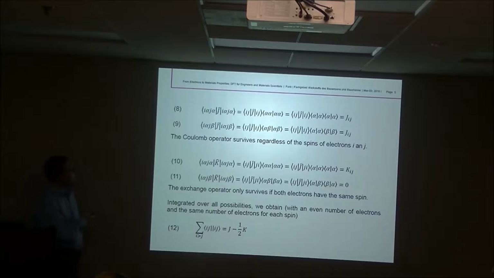Next, our Coulomb operator. Well, okay, the alpha-alpha case, just as we know, and the alpha-beta case actually also works if they are on the same orbit. So we have orbitals which are sufficient for our one electron operator. We build our basis from them, and we see that the Coulomb operator always survives.